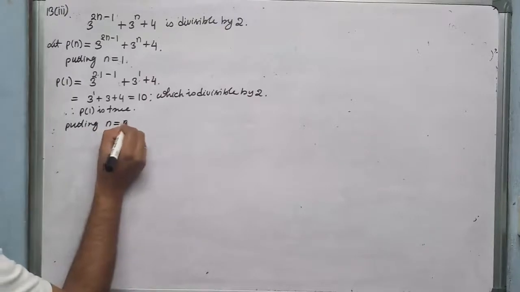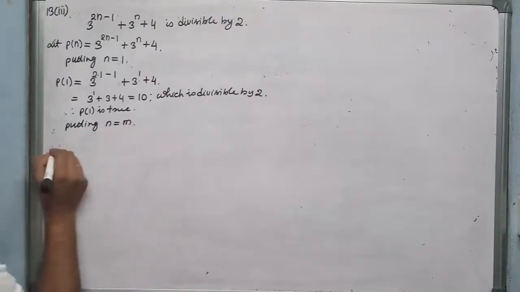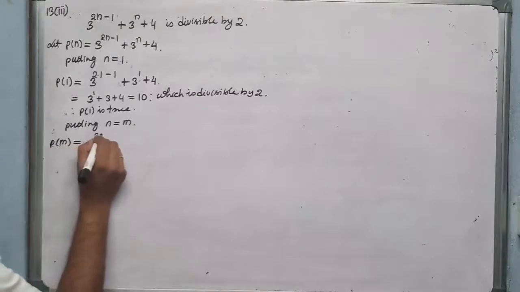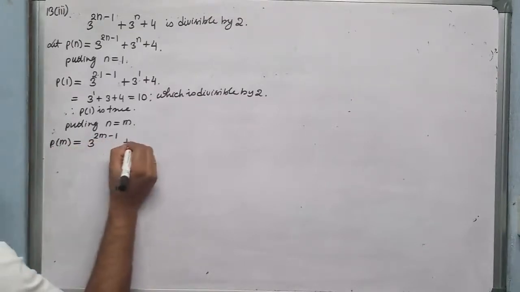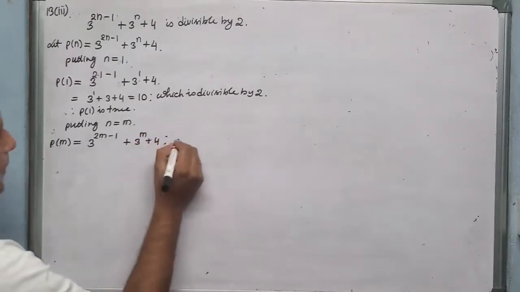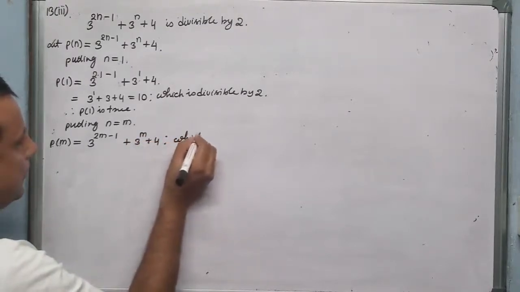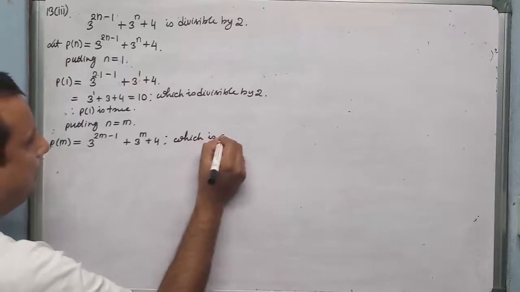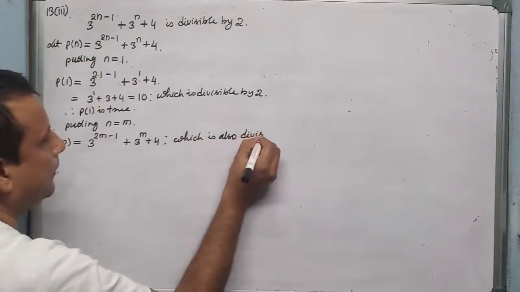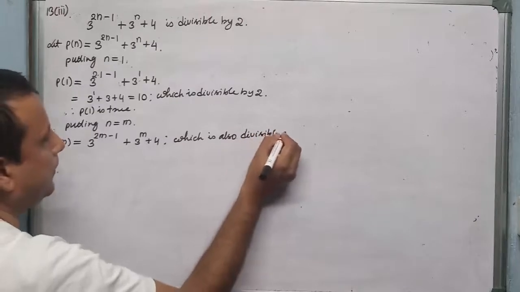Now next, putting n equal to m. Then Pm is equal to 3 to the power 2m minus 1 plus 3 to the power m plus 4, which is also divisible by 2.